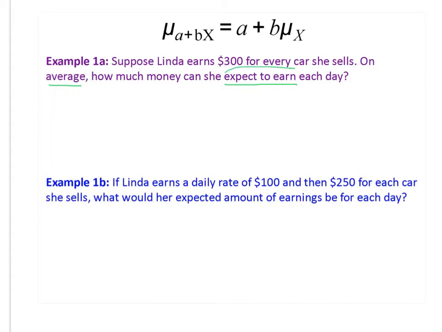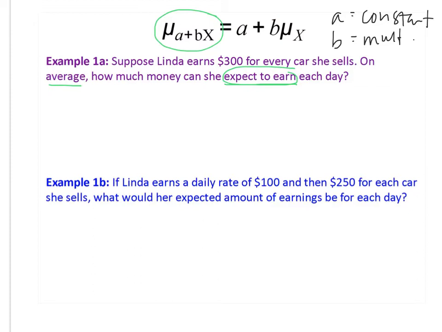This is looking for my expected value or my transformed mean. Well, in this equation, I have an A and a B. If you think back to chapter 2, we said that A was my fixed value, or my constant, and B is my multiple.